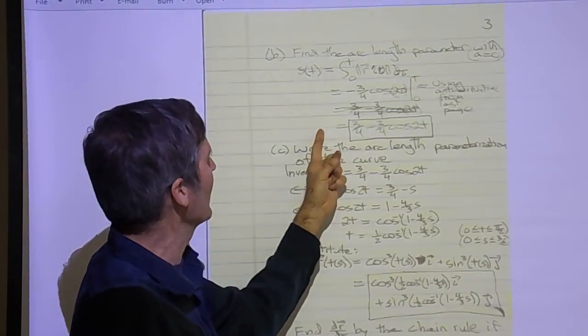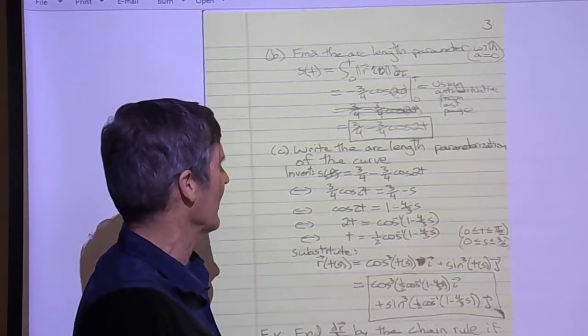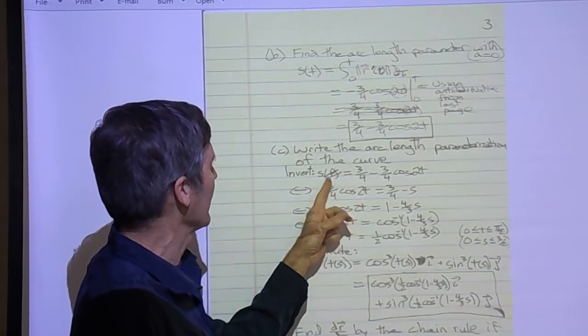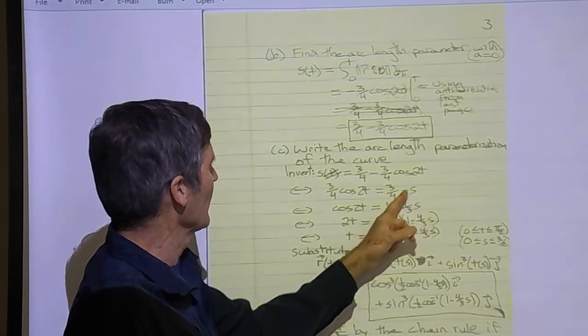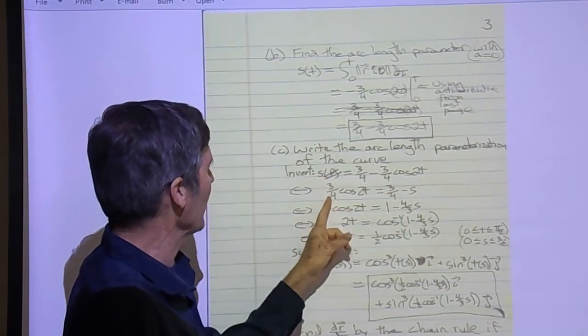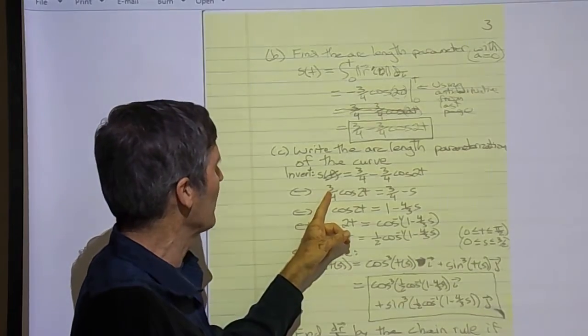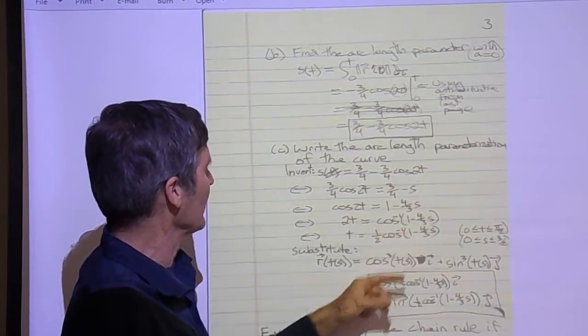How do we invert this equation? s equals 3/4 minus 3/4 cosine 2t. It's just algebra and trigonometry, right? I scratched off the of t here because I'll just write s equals this. And I'll subtract s over and add 3/4 cosine 2t to get this equation. And I'm trying to solve for t, so I multiply by 4/3, getting 1 here and minus 4/3 s here.